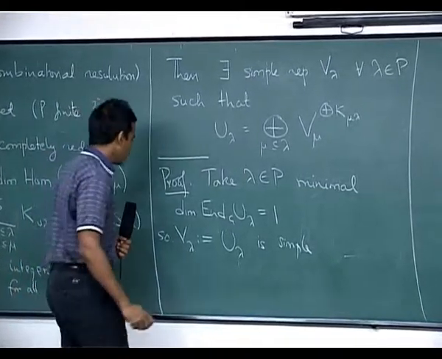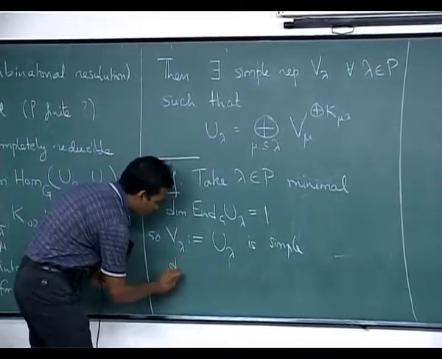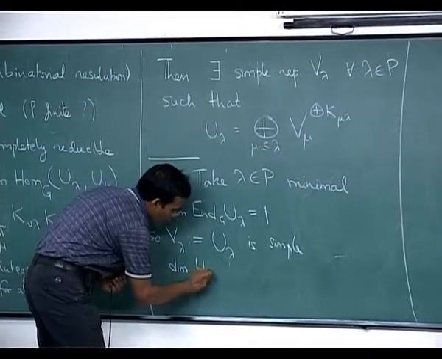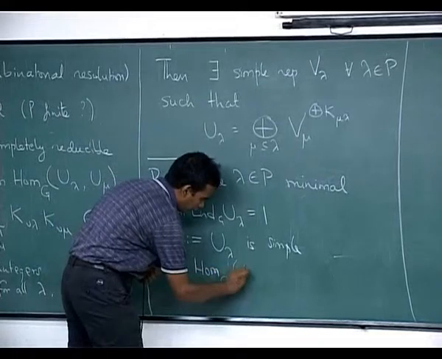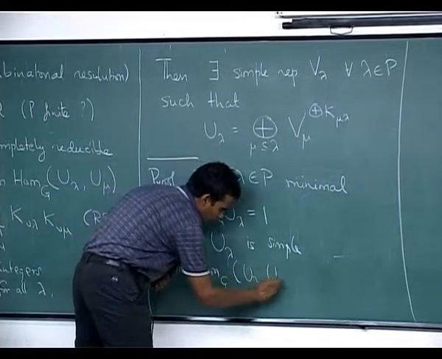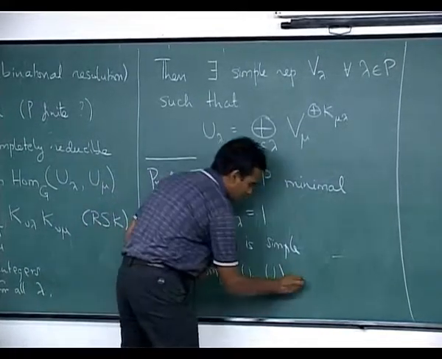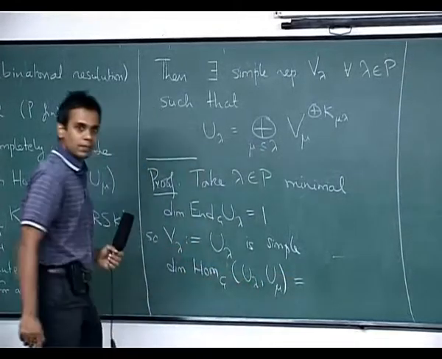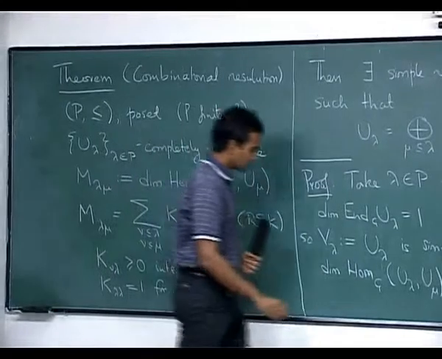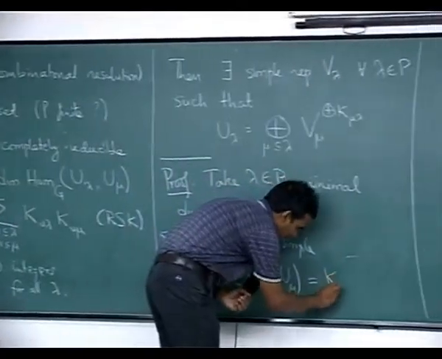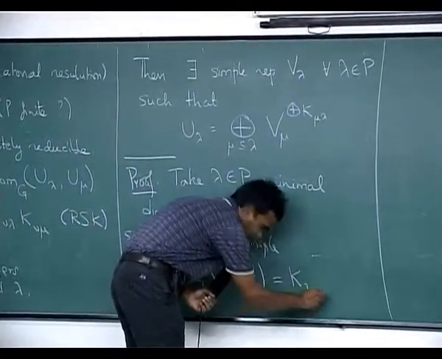And what more can we say? We know that the dimension of Hom G of u lambda, u mu is, since lambda is minimal, this set is still a singleton and all we get is k lambda mu.